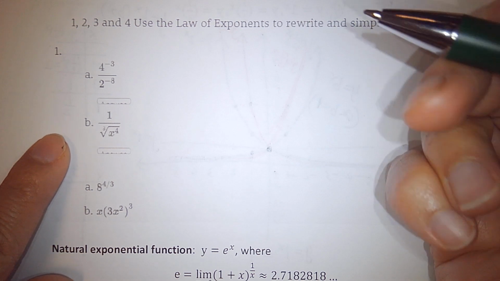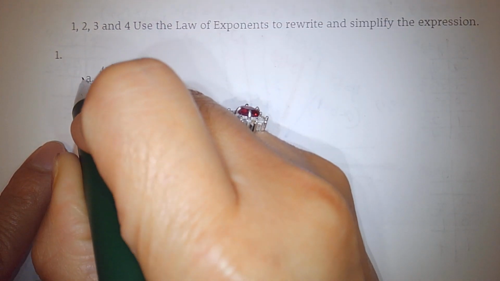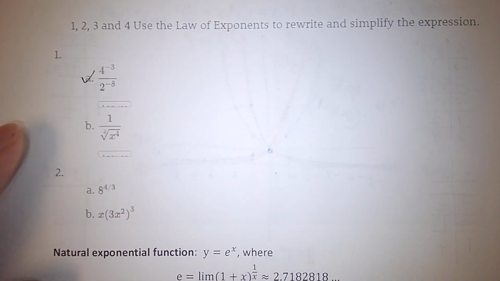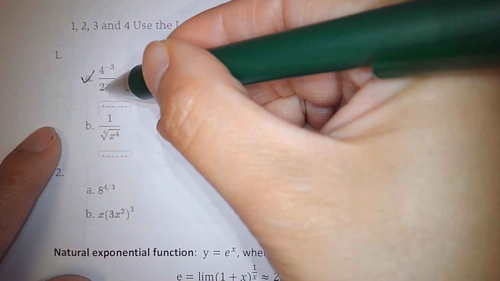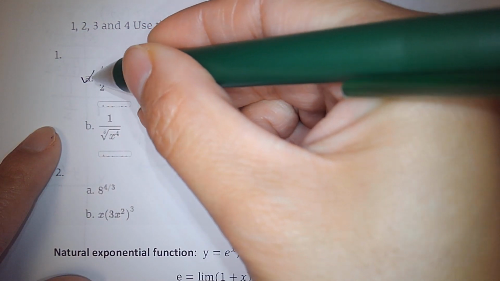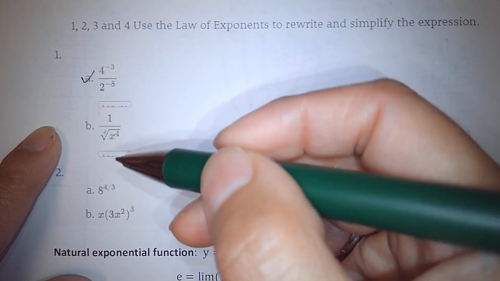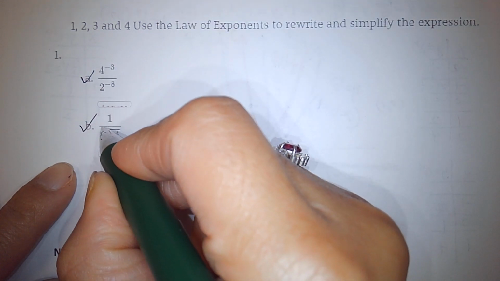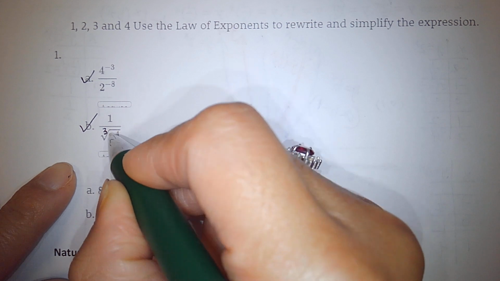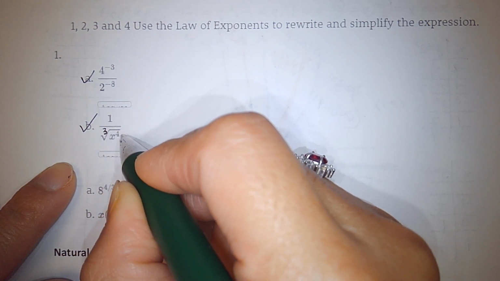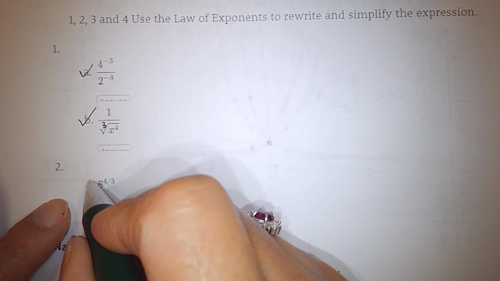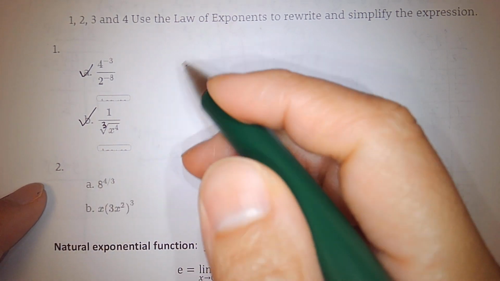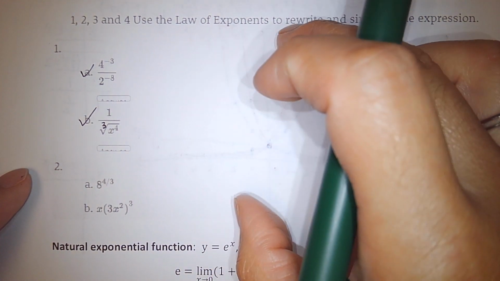Okay, what are the expressions? Question A: 4 to the negative 3's power divided by 2 to the negative 8's power. Simplify it. Question B: 1 over the cube root of x to the 4th power. Question C, the third question, is just a screenshot from the book.